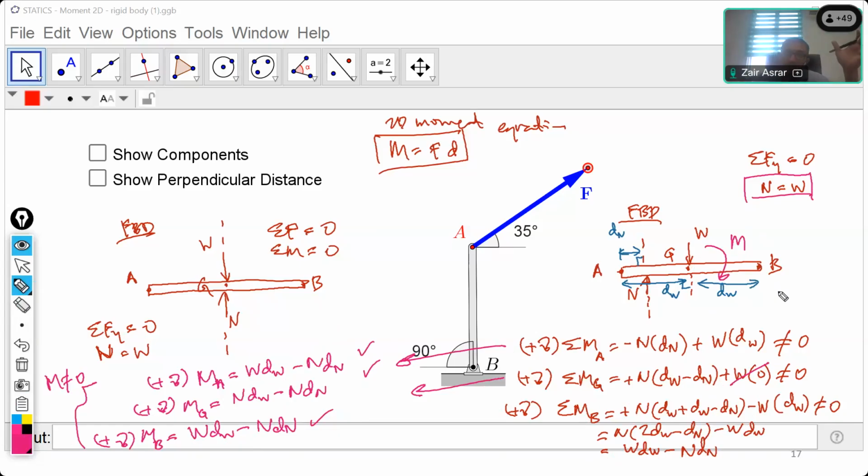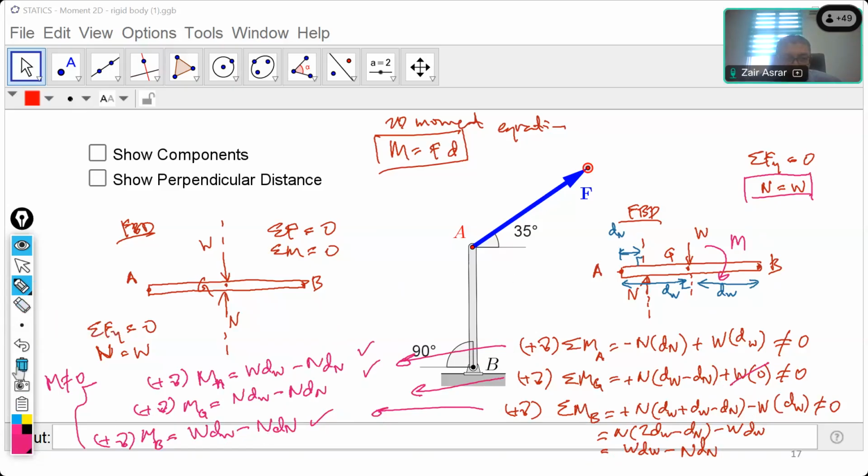Okay, clear? Or a bit too much? Clear? All right, okay.